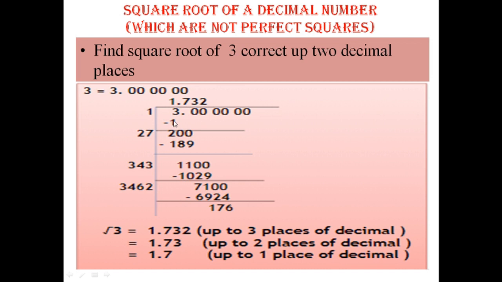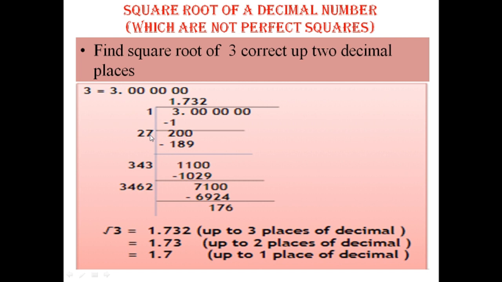Subtract this 1 from 3, you will get 2. Now take this pair with 2. It will become 200. Double of 1 is 2. According to 200, you will select a number here. I have already explained in many questions in this video and in my last videos how to choose this number.